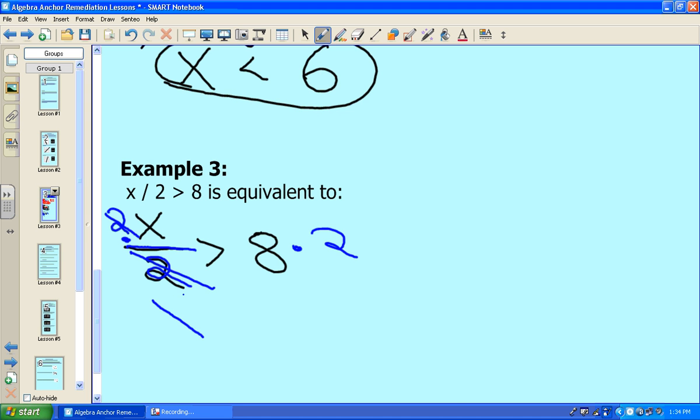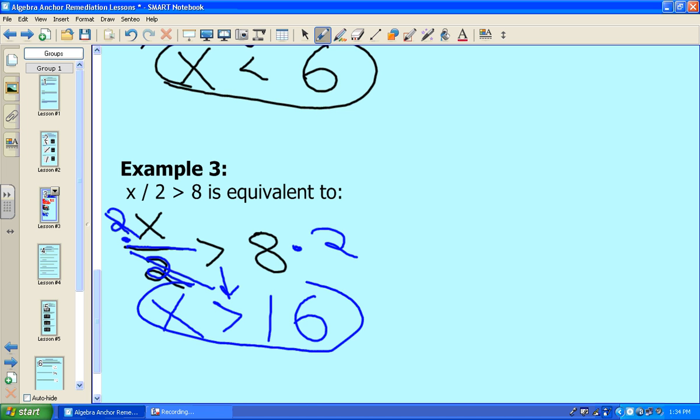So you are left with x. Bring down your greater than sign. And then you do the multiplication of 8 times 2, which is 16. Okay? So your final answer is x is greater than 16. Any number that's greater than 16 will make this original problem true. So that would be 17, 18, 100, any of those numbers.